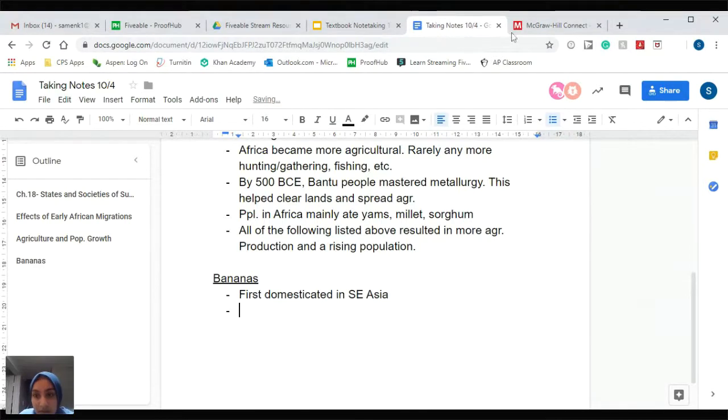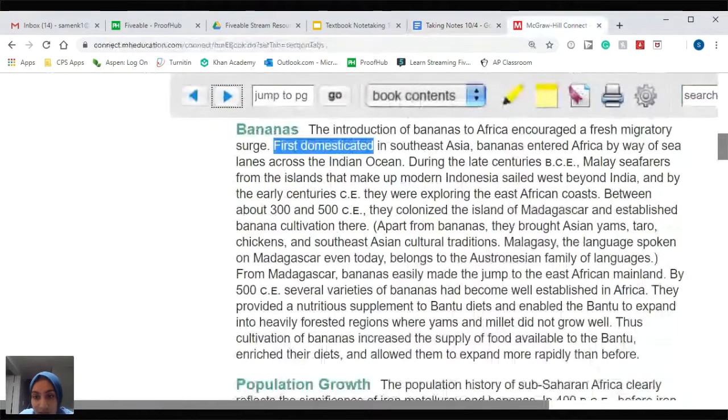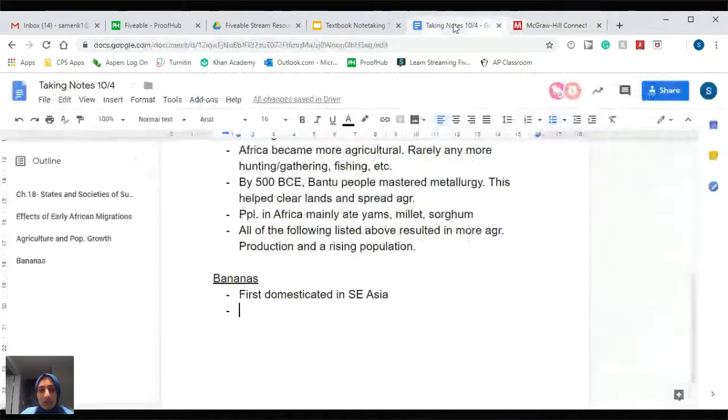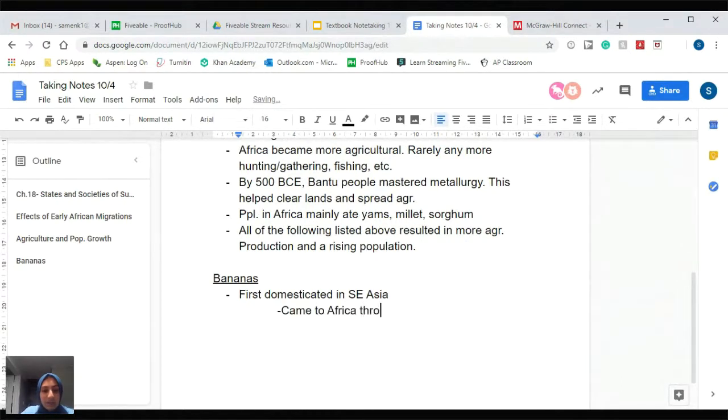And then bananas entered Africa by way of sea lanes across the Indian Ocean. Maybe I'll make that a subpoint under here: came to Africa through the Indian Ocean.